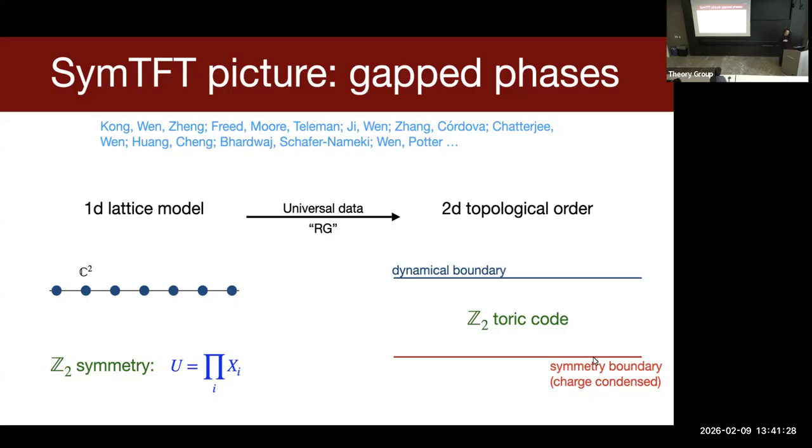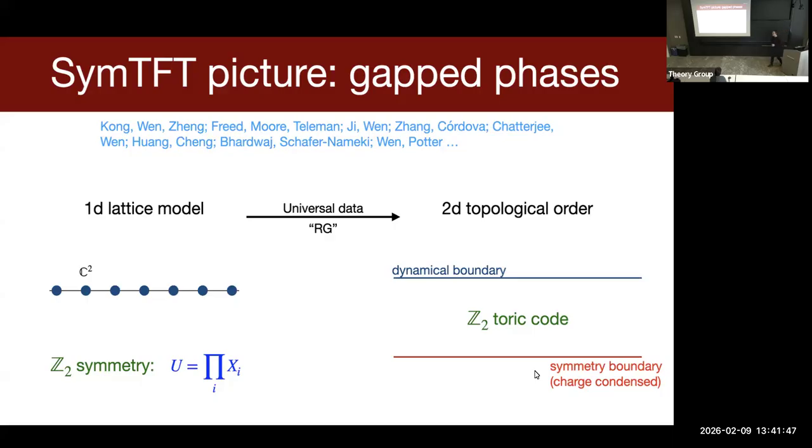Importantly, we'll fix the bottom boundary. We'll just specify by fiat that the bottom boundary is called the symmetry boundary, but it's the charge condensed boundary. So this exists for any symmetry. I can always spontaneously break the symmetry at the lower boundary.